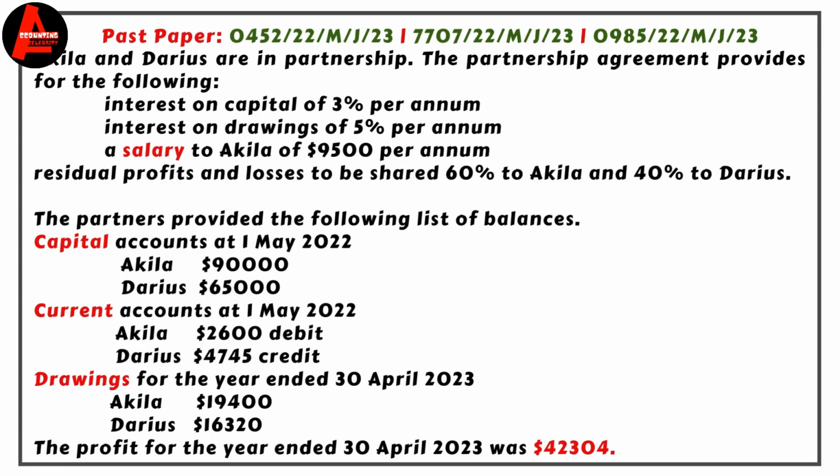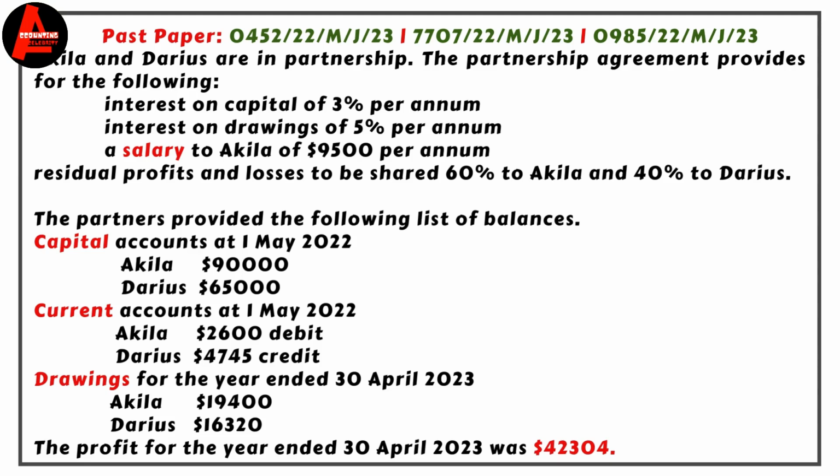Aquila and Darius are in partnership. The partnership agreement provides the following: interest on capital 3% per annum, interest on drawings 5%, salary of Aquila $9,500 per annum, and residual profit and loss to be shared 60% to Aquila and 40% to Darius.